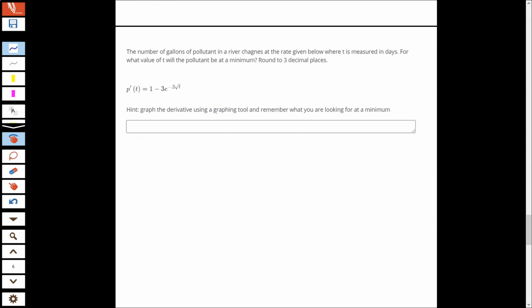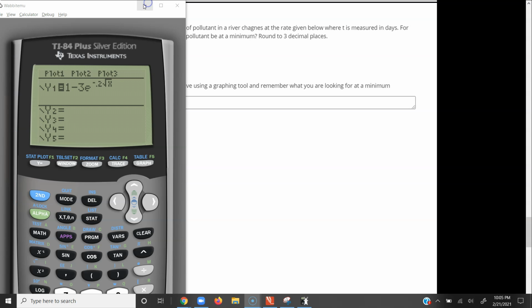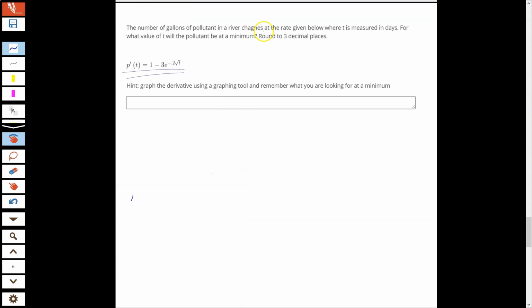Okay, this is a scary looking one. It's scary looking because our derivative that's given is scary looking. So what we want to know is what value of t will the pollutant be at a minimum? Okay, and here is the hint: graph the derivative using a graphing tool, and remember what we're looking for at a minimum.